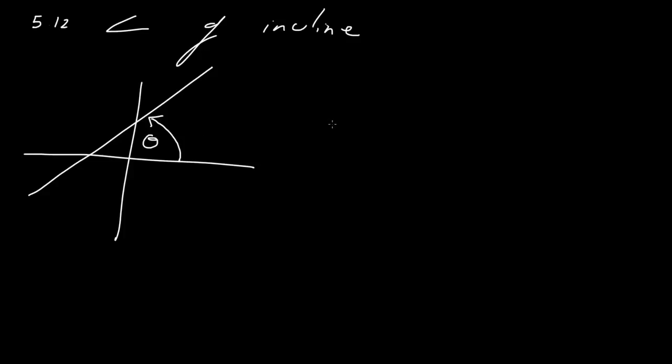So there's theta. If we were to draw another graph, for example, let's say this one, the angle of incline would be, actually, we need to just double check that.